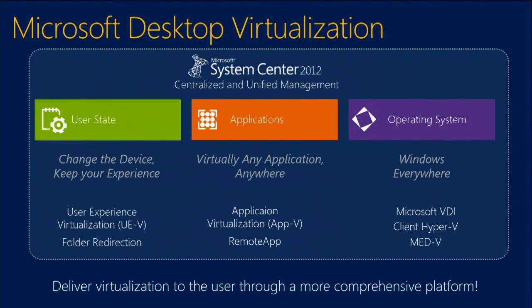So I want to make something fairly clear here. I know it seems sort of redundant because we're talking about applications, but for many of you out there and your users, when you look at the desktop and you look at their work environment, that application is the most important thing to them.